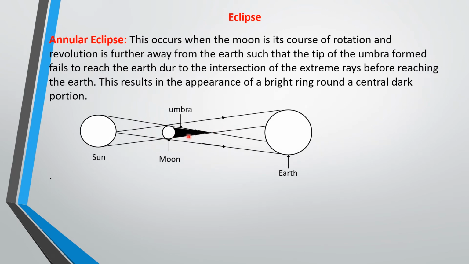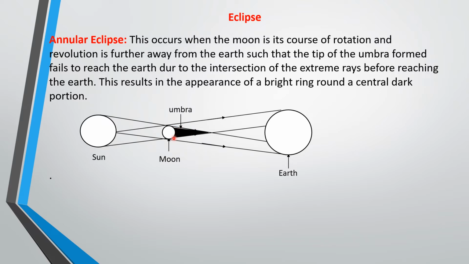For annular eclipse, the moon is also between the earth and the sun, but the only difference is that the rays that are coming from the sun will intersect earlier. The extreme rays that are coming will intersect earlier, so a shadow like a ring will be formed.